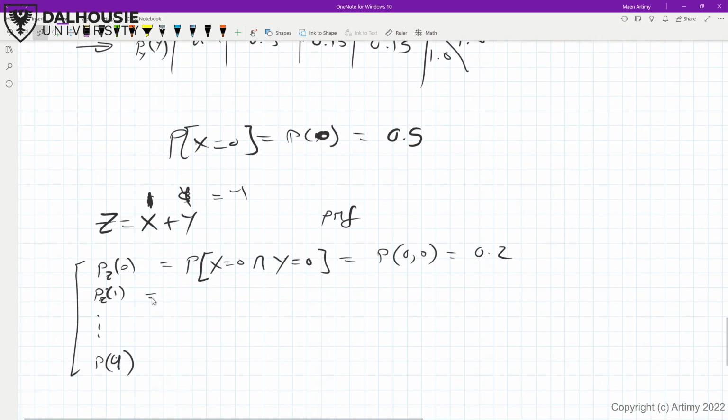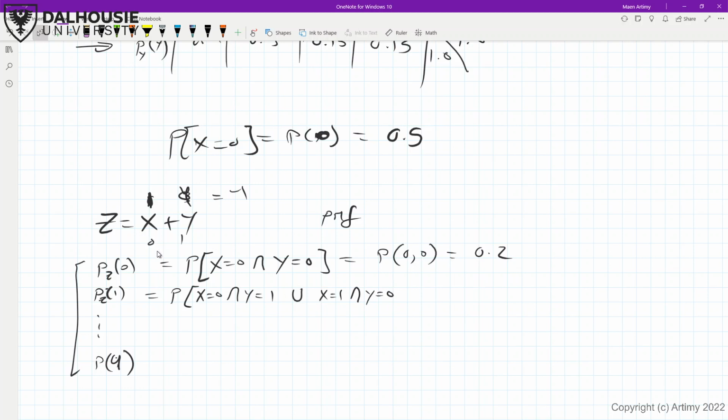So I can use the same idea here. What is the probability of z equal 1? That happens if x equals 0 and y equals 1. It can also happen if x equals 1 and y equals 0.